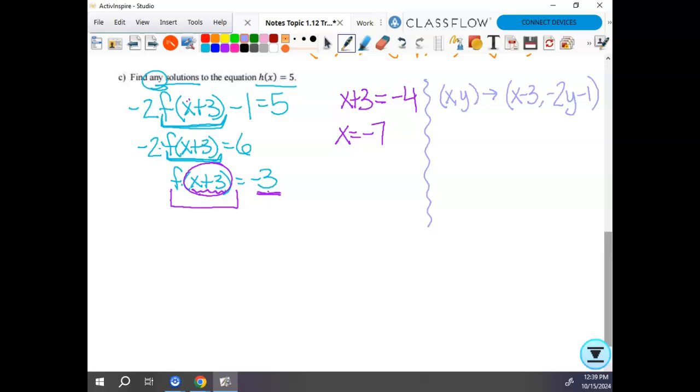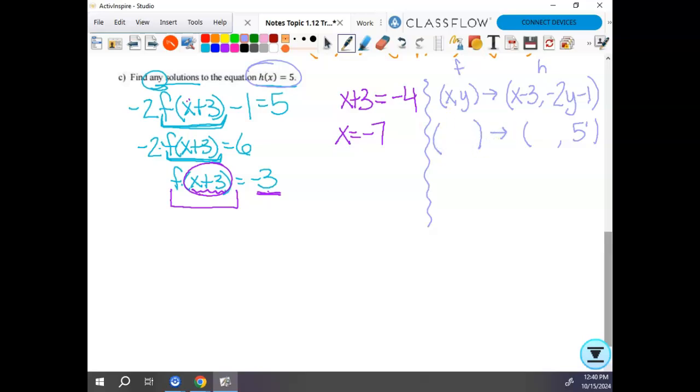So remember this is f and this is h. So h of x equals 5. That means the y value for h is 5. So if I put 5 in here, well, if I know that this is 5, I can use these two things having to be the same, because that's where the h is, to figure out what this y value actually is.